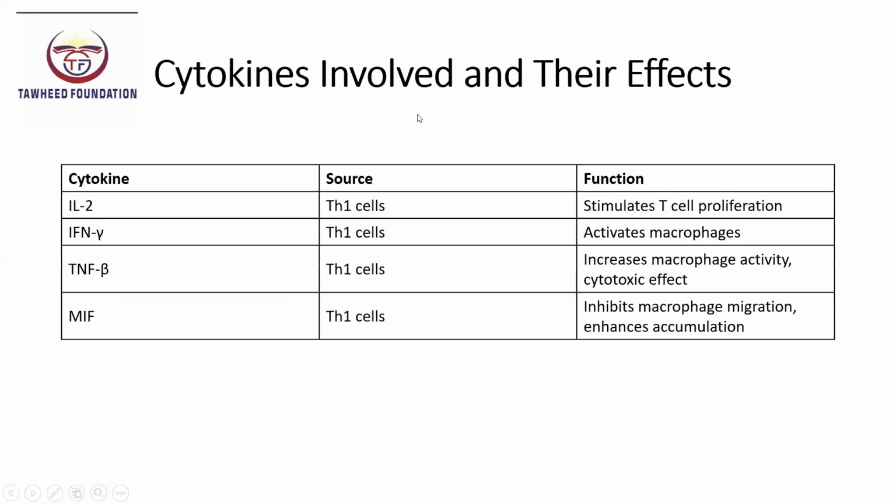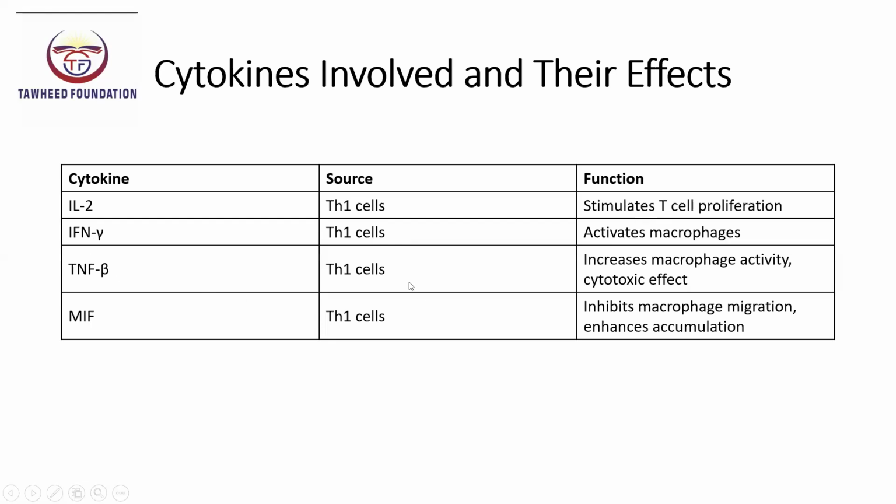Next is cytokines involved and their effects. Cytokines are essential mediators in type 4 hypersensitivity. Interleukin 2 secreted by Th1 cells primarily stimulates T cell proliferation, ensuring an amplified immune response. Next is interferon gamma, which activates macrophages, enhancing their ability to phagocytose and kill pathogens.